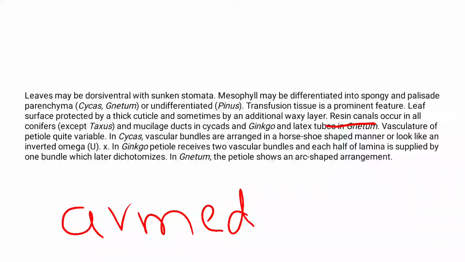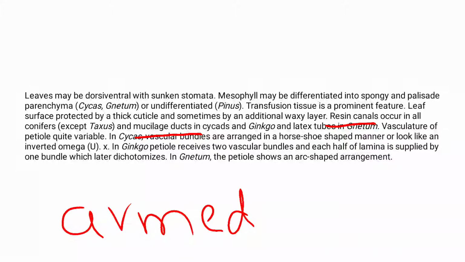And similarly, you will find mucilaginous ducts also present in Ginkgo and Gnetum. When you study the leaf section of Gnetum, Cycas and Pinus, at that time you can observe the presence of mucilaginous ducts in the mesophyll tissue.